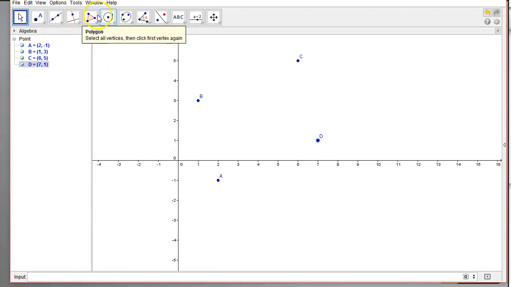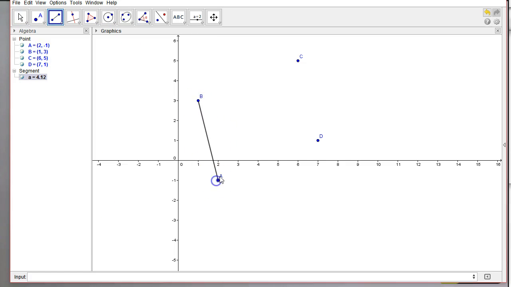Okay. Now, if you look at this, it does look like it's a parallelogram. But the reason I wanted to go through and graph this out instead of just taking an opinion for it is to note that I've got these sides here that are opposite each other. Now, I didn't even think about this, but this does do one thing for me instantly to prove that these guys would be a parallelogram.